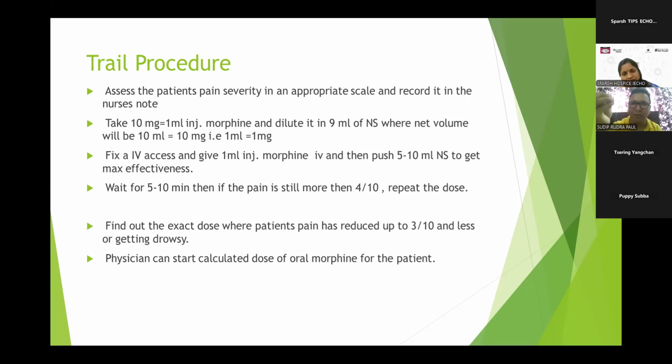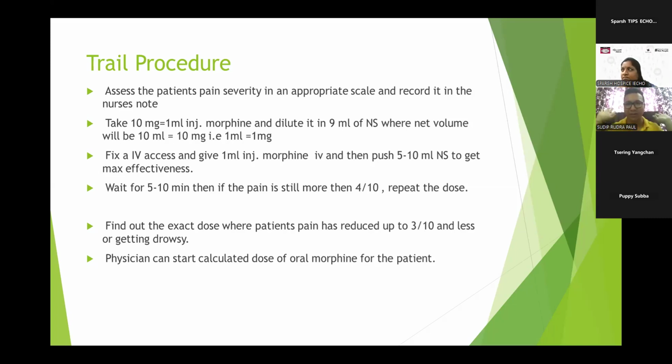At the point when the patient is getting drowsy but pain is 5 by 10, we will stop. If the patient is not getting drowsy, then I will go up to 3 by 10. Suppose I gave the patient 1 ml, 1 ml, 1 ml, 1 ml, 4 times, and then the patient came from 7 by 10 to 3 by 10.